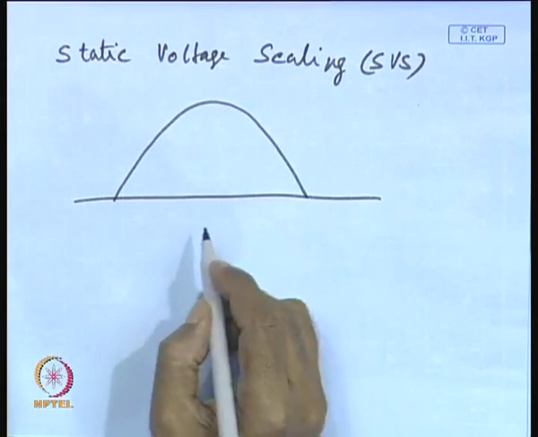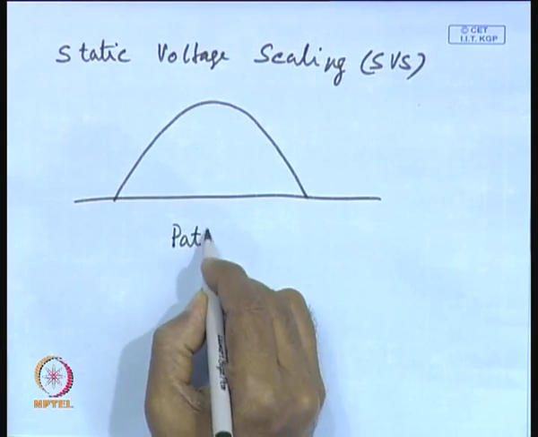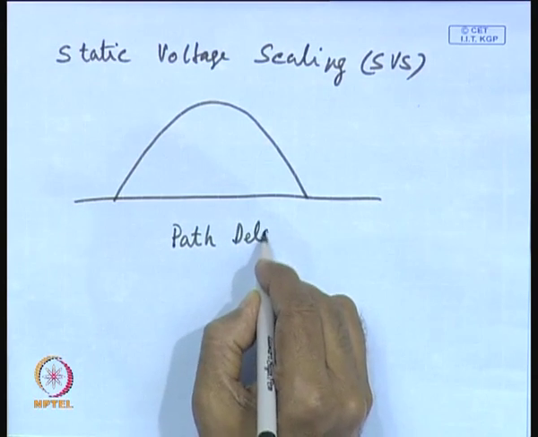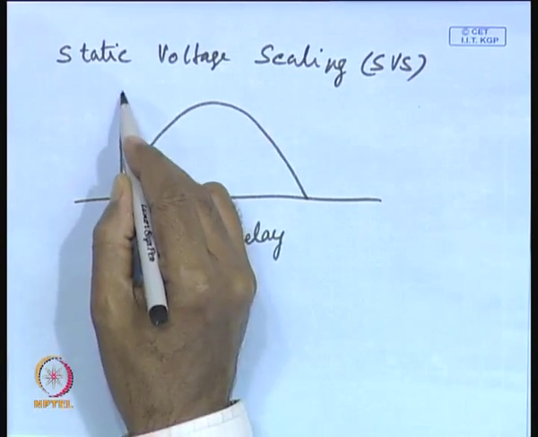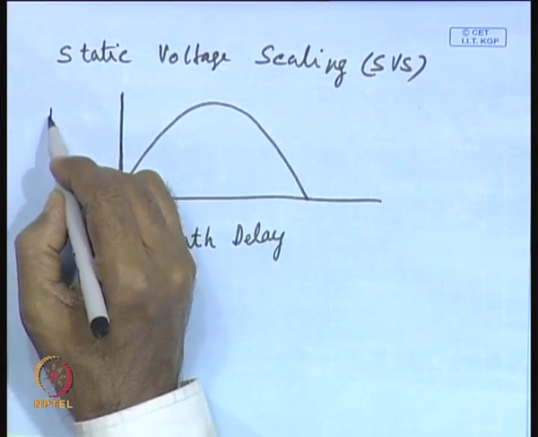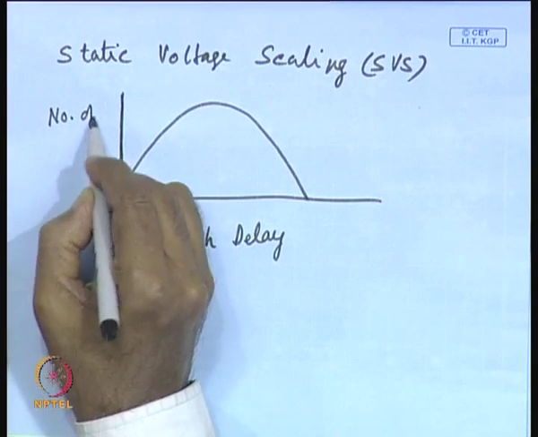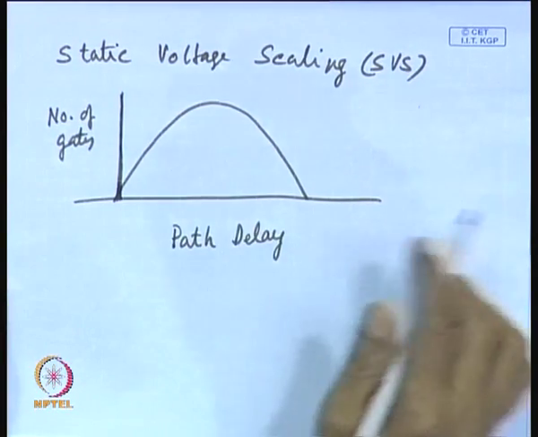If you plot the path delays, this is the path delay, and on the y axis it represents the number of gates on different paths.